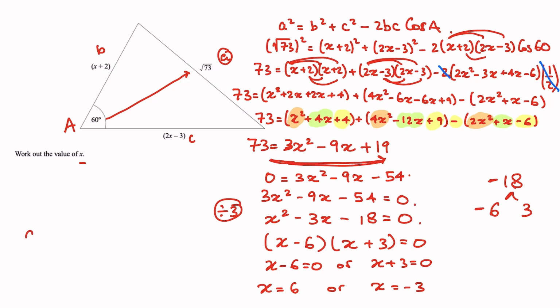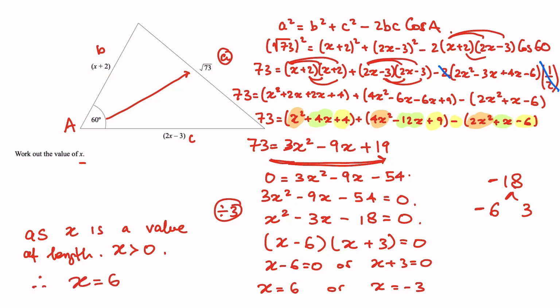As x is a value of length, it has to be positive, so x has to be greater than 0. So therefore, the only possible answer for this would be x is equal to 6 as a final answer. And there you go. That would be the answer for this question here.